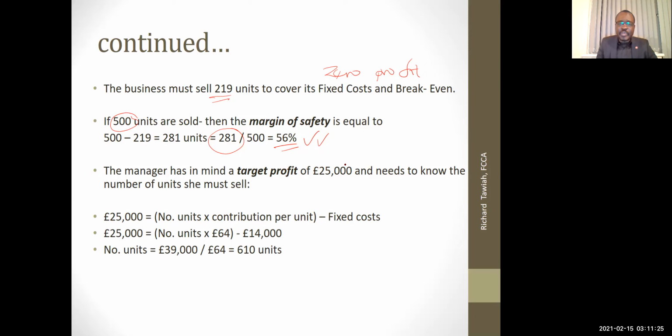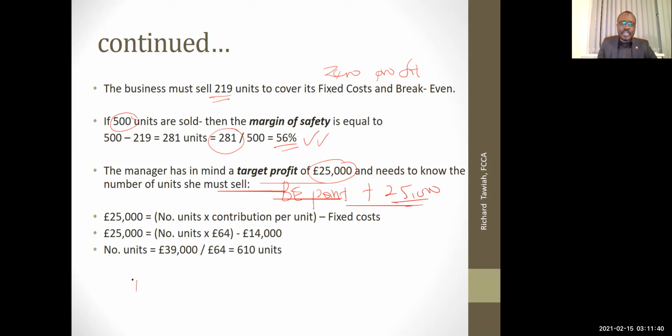What about target profit? We want to make a target profit of this. Simply, it says that the break-even point, add 25,000 to it. That's it. And how do we get our break-even point? It is our fixed cost divided by the CPU, the contribution per unit. Simply add your target profit, and then do your simple maths.